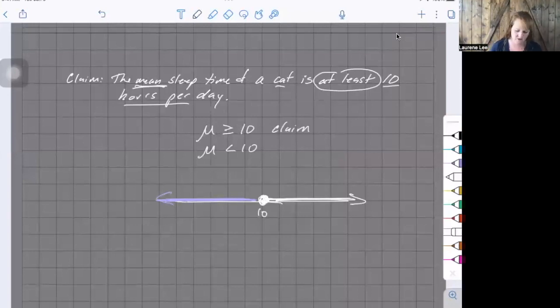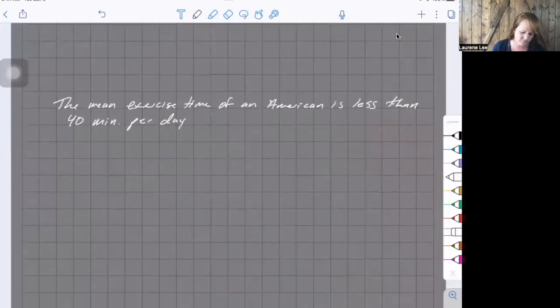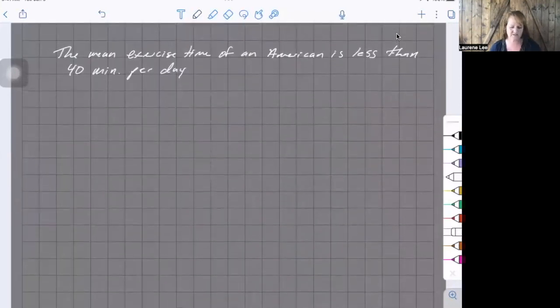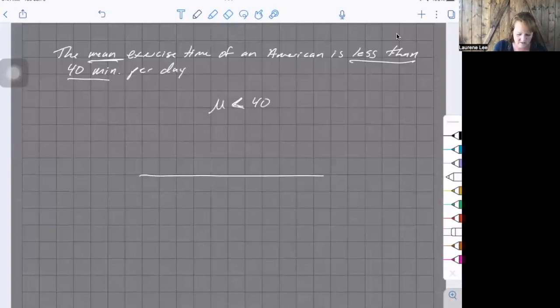Okay. So let's look at another example. The mean exercise time of Americans is less than 40 minutes per day. So again, we're talking about the mean, population mean is less than 40 minutes per day. Okay, draw a picture again real quickly.